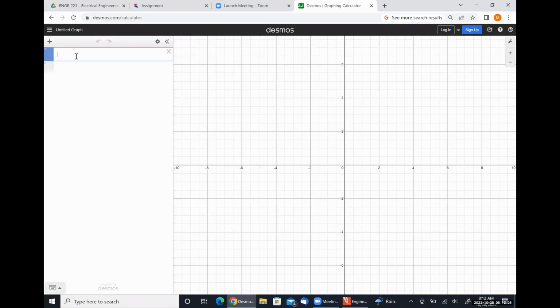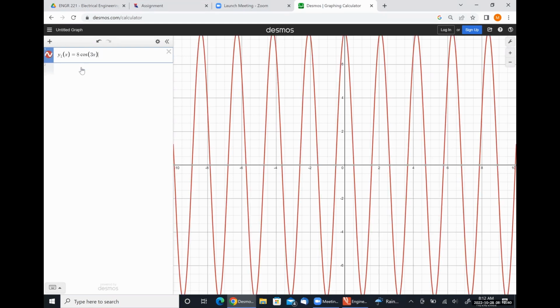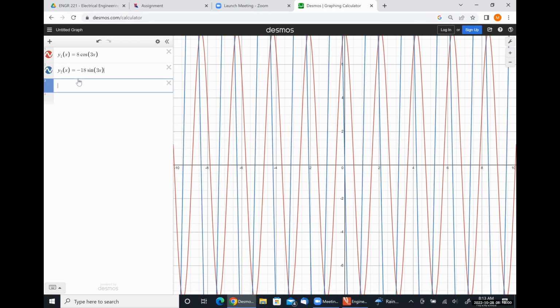So this first thing here, I'm going to call it y1 of x, is equal to 8 cosine 3x. That's what it looks like. Okay. y2 of x will be negative 18 sine 3x. That's what it looks like.